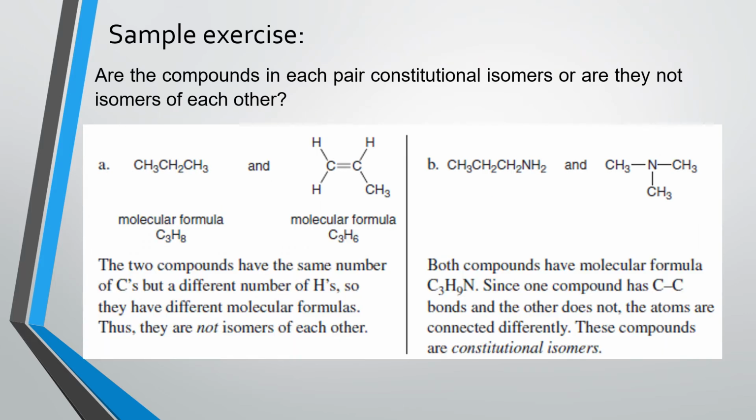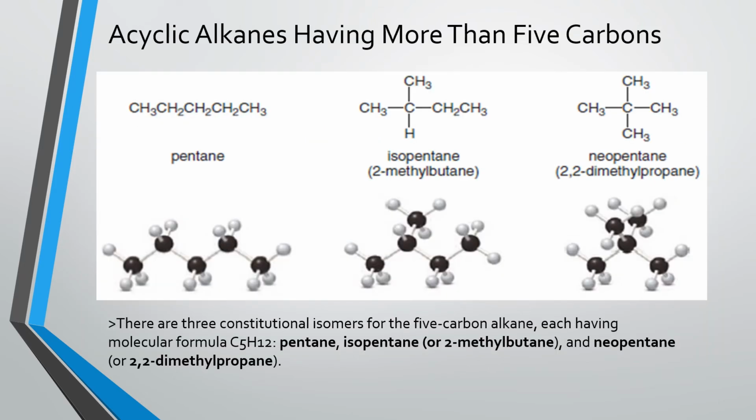So the two compounds in set A have the same number of C's but different number of H, so they have different molecular formulas. So these compounds are not isomers for set A. For set B, they both have the same molecular formula, but they have different structures, so they are considered constitutional isomers.